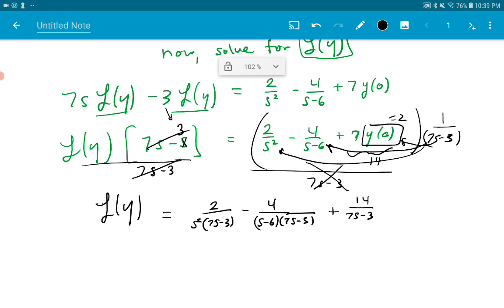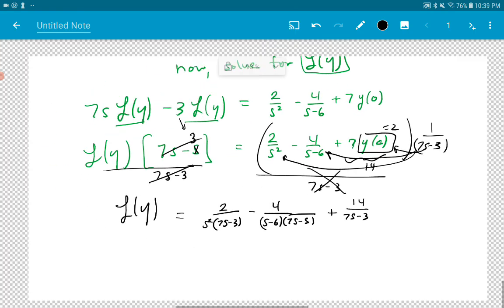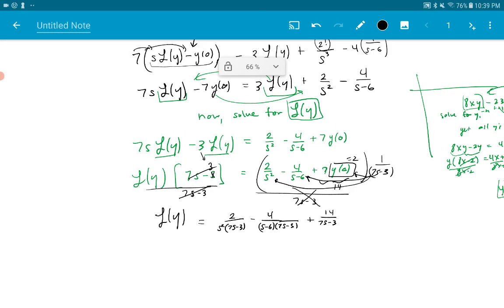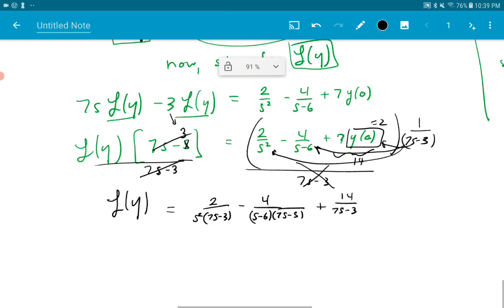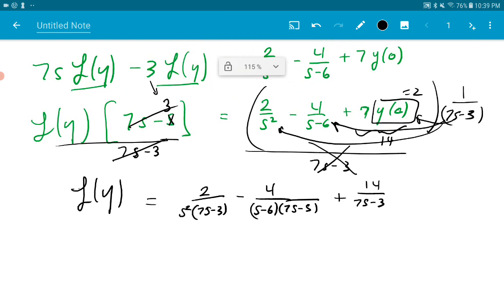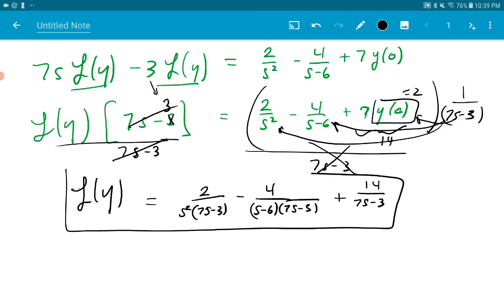So look at this. All we've done is we started with a differential equation, took the Laplace transform of both sides, and used all of our properties. We didn't even have to do any integrals. We just used the Laplace transform from the table and its properties, and we've got this. This is important.